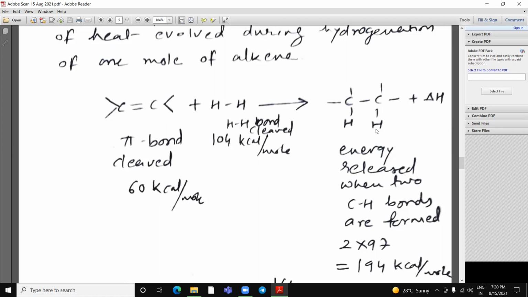Whereas when this alkane is formed, two new sigma bonds are forming. So it will evolve 97 multiplied by 2, 194 kilocalorie per mole energy.